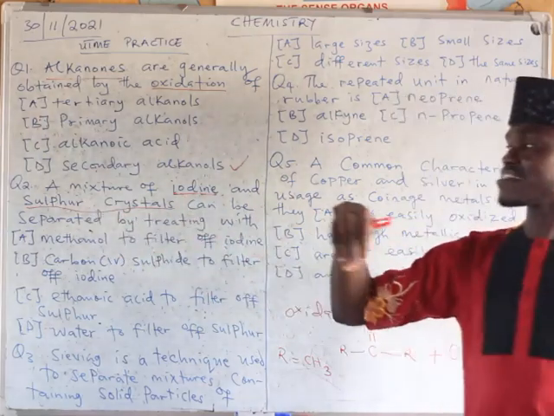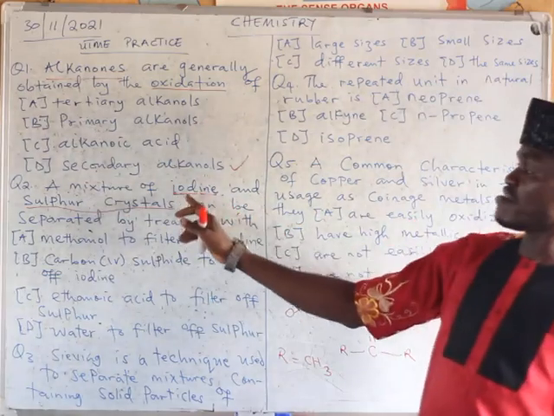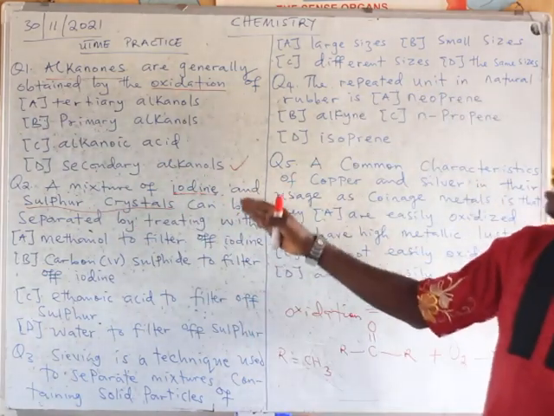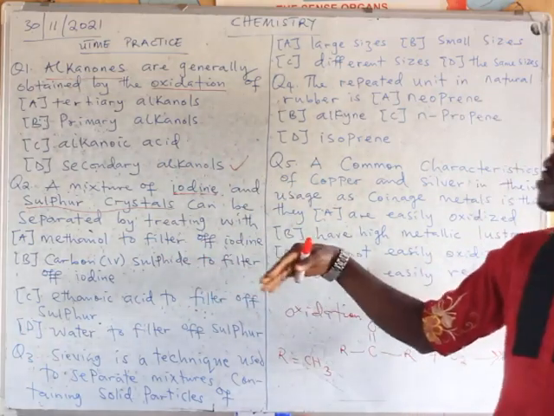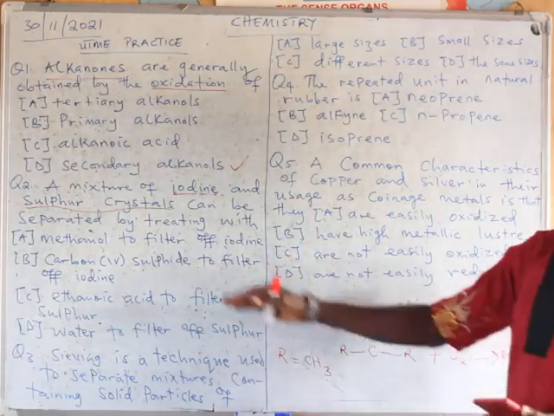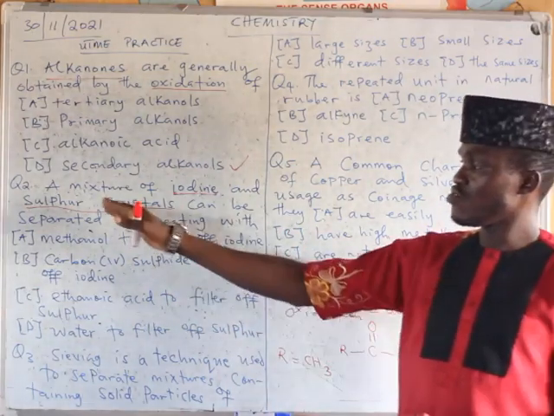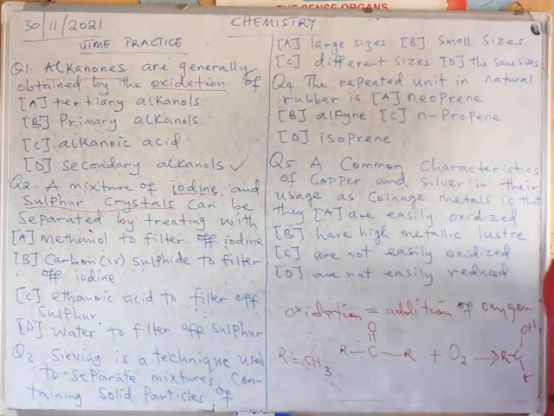Sulfur crystals cannot sublime. So when you have the mixture of iodine and sulfur crystals, they can be separated by treating with what? If there is no sublimation that will take place, definitely you are going to treat them using a particular solvent.